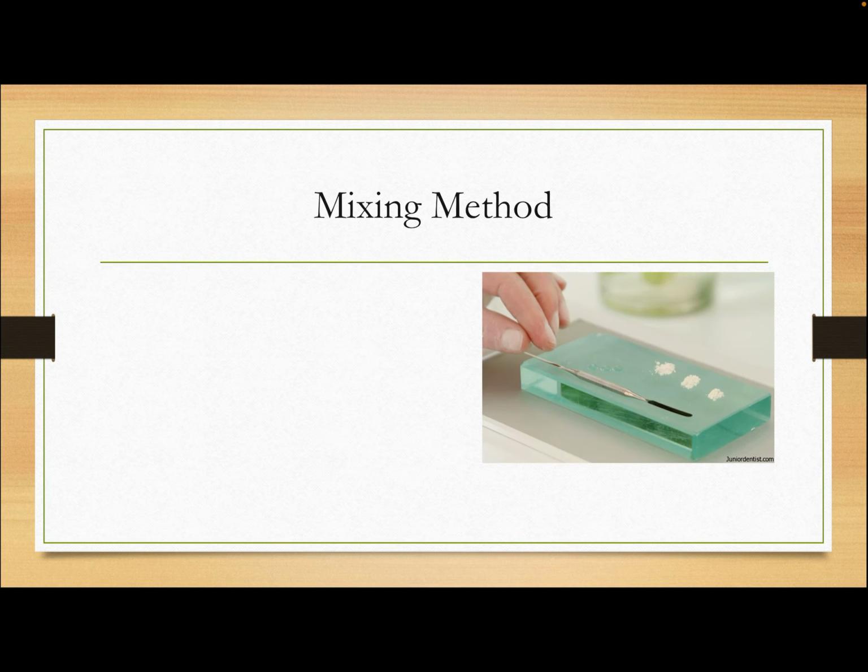The mixing method for polycarboxylate cement should be performed for a prepared cavity by placing 3 increments of powder with 3 drops of liquid and combining each one slowly, spatulating until getting the wanted consistency.